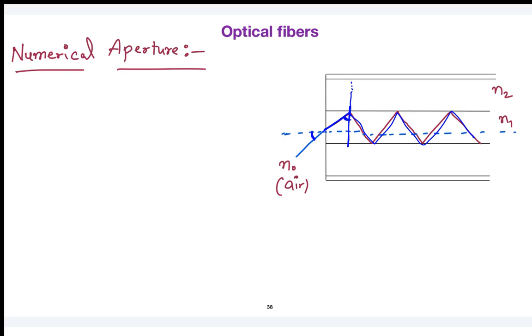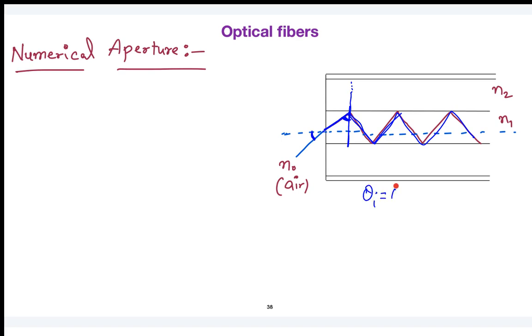Root epsilon. How? 1 by root epsilon or root epsilon? No. What I was asking is, what should be the angle of incidence here in order to have a reflection? Theta C. Correct, right? So your angle of incidence has to be equal to the critical angle.